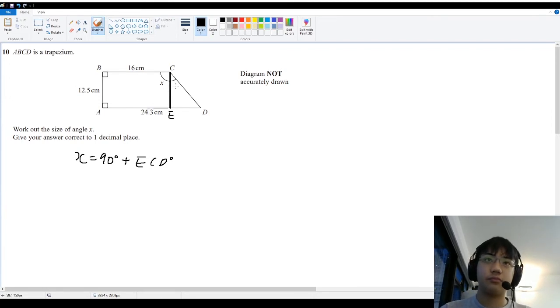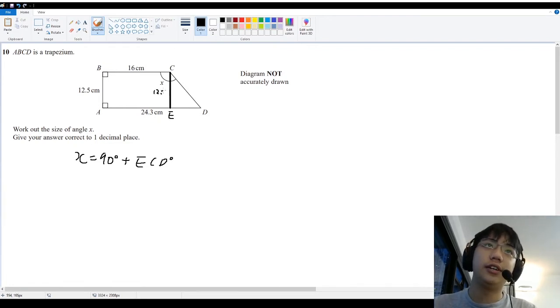So to figure out the size of angle ECD, we can use trigonometry to calculate it. So length EC is 12.5 centimeters, so that's one side.